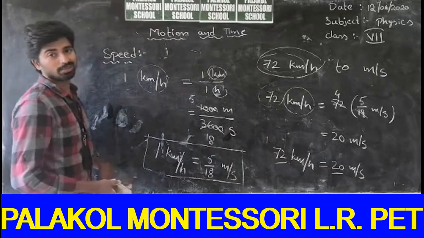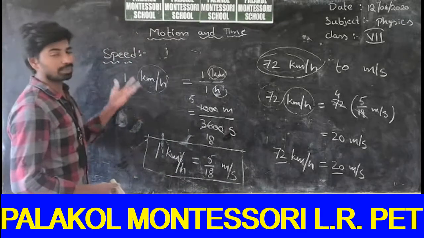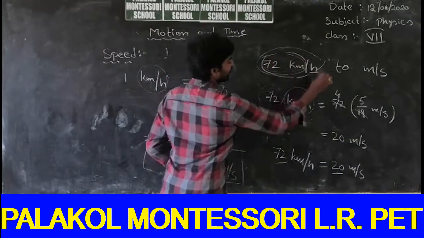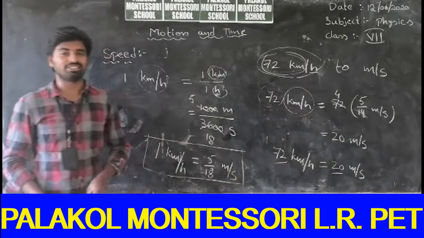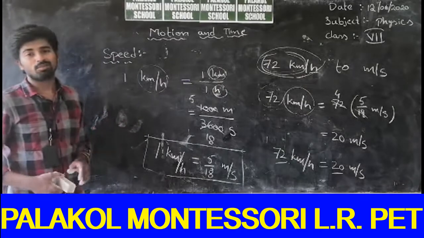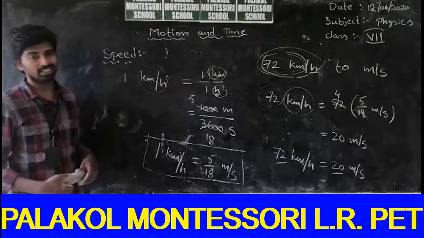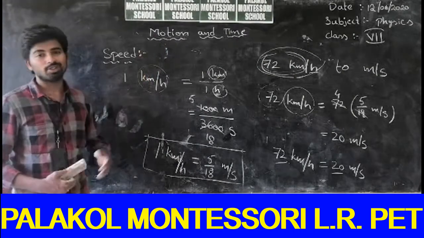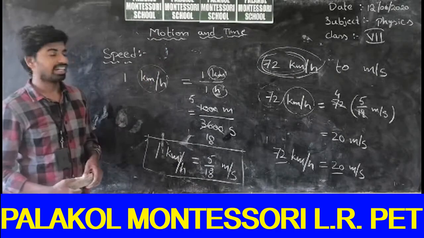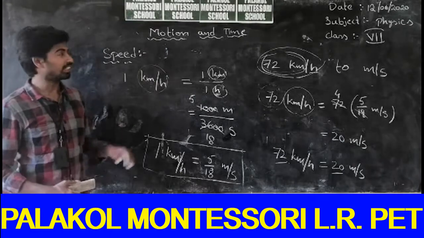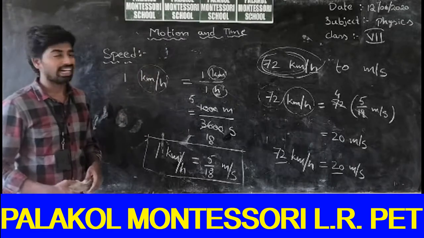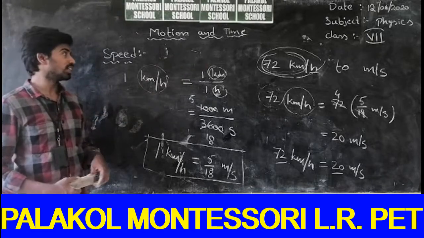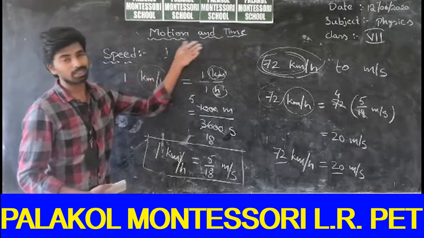So this is the concept of speed. What does speed indicate? It indicates the distance traveled in 1 hour. With this, the lesson on motion and time was completed. In this lesson we have learned about motion, uniform motion, non-uniform motion, the different types of motions, and how time is related to motion. That is why we have related motion and time.